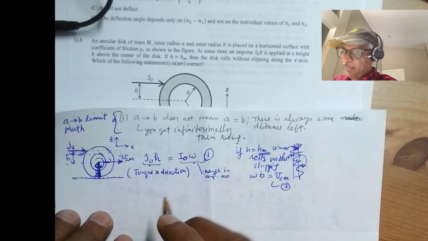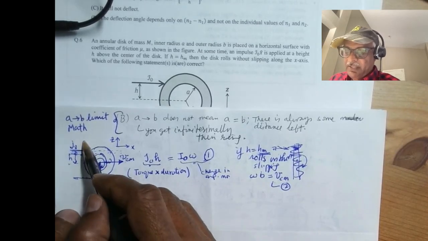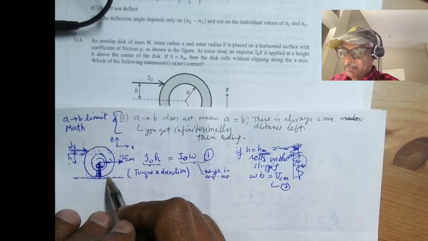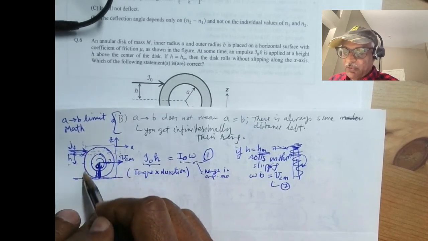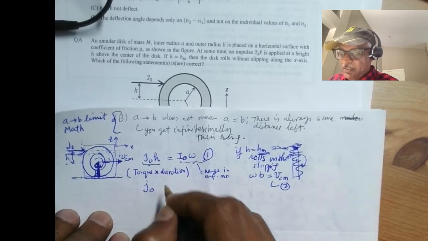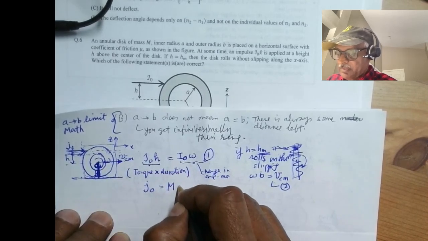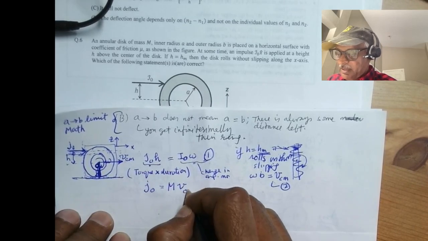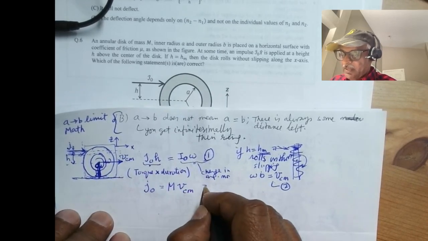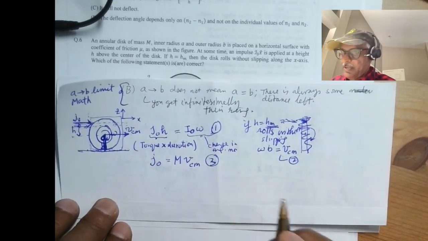The second equation: think of all of this as a regular collision problem for the center of mass. So J0 will be the total mass m times v cm. That's the second equation. This is the third equation.